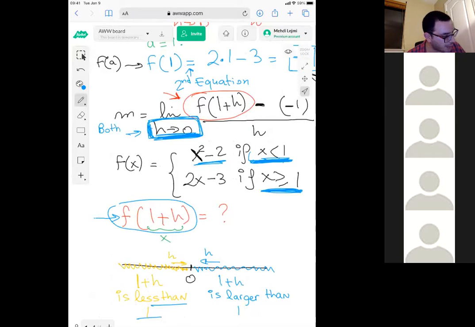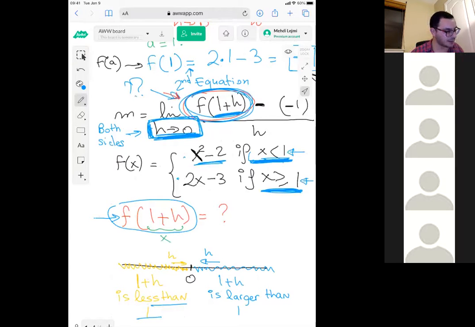But the problem in this definition is, what's f of 1 plus h? You need to determine which equation you're going to use, so you need to know whether 1 plus h is less than 1 or larger than 1.